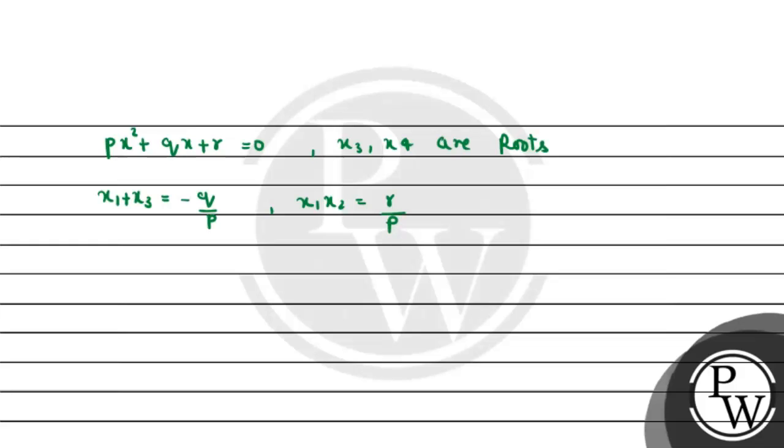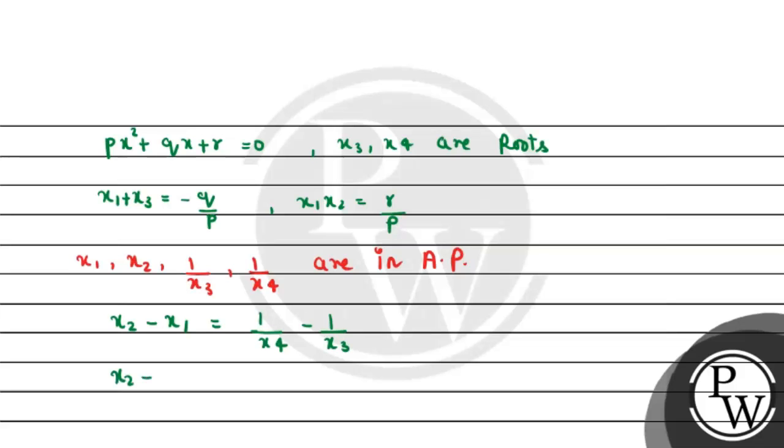Here we have the given result that x1, x2, 1 upon x3, 1 upon x4 are in AP. AP means arithmetic progression, so we have the rule that the difference x2 minus x1 is equal to the difference 1 upon x4 minus 1 upon x3. Now solve this equation.